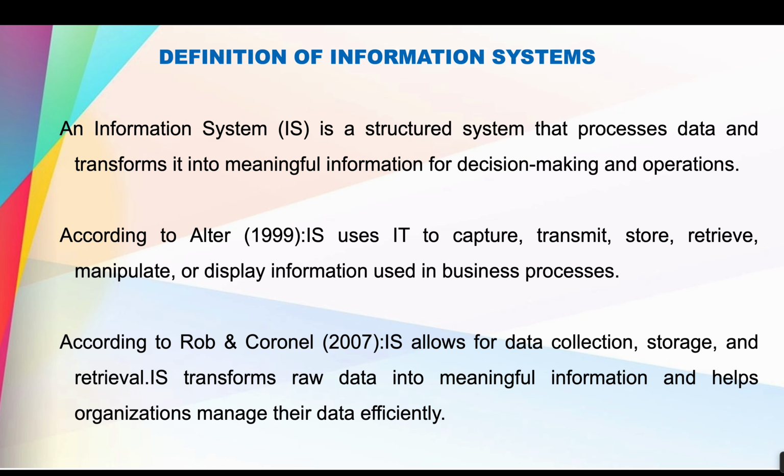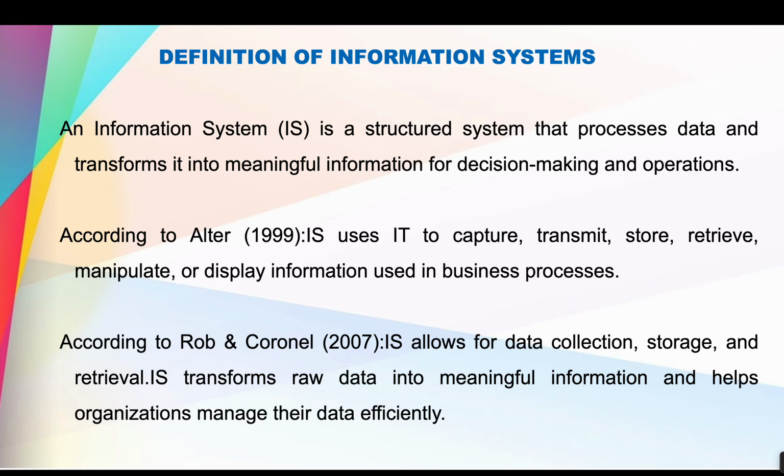So we have already looked at IT, and now an information system is a structured system that processes data and transforms it into meaningful decision-making operations. Okay, according to Alter 1999, IS uses IT to capture, transmit, store, retrieve, manipulate, or display information used in business processes.